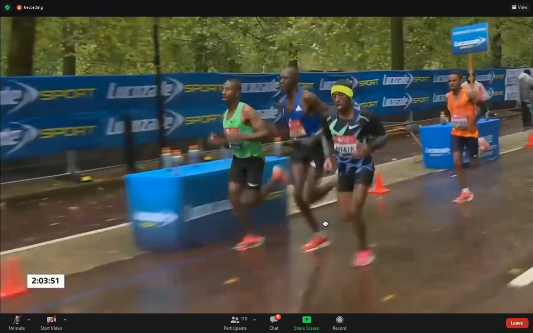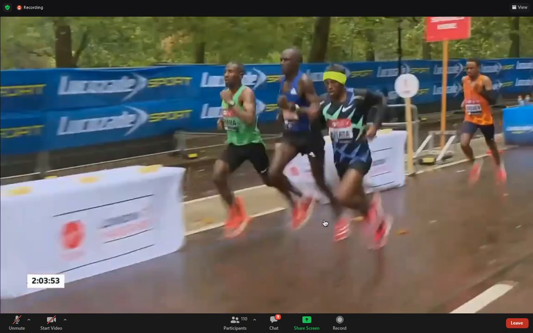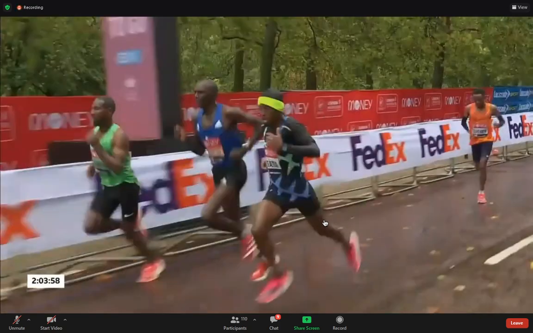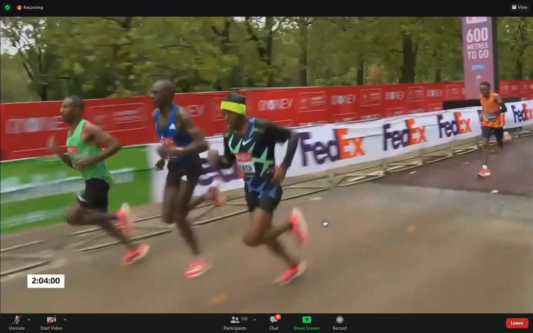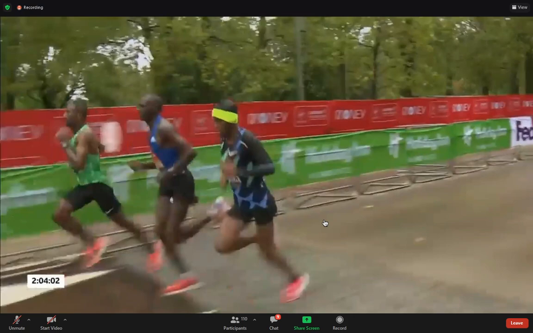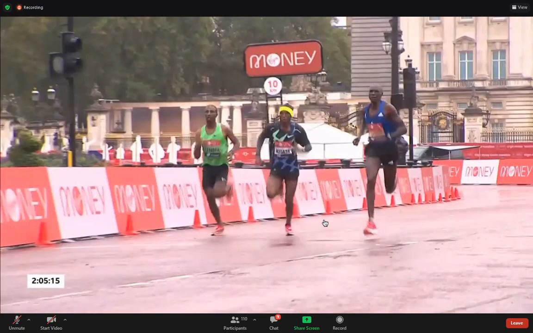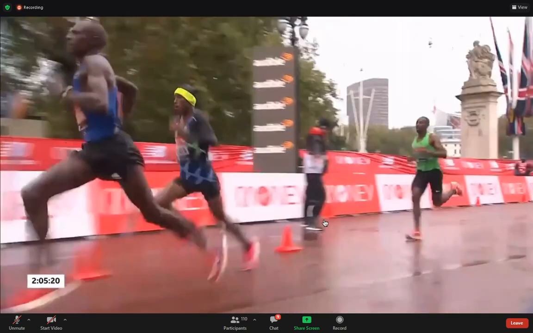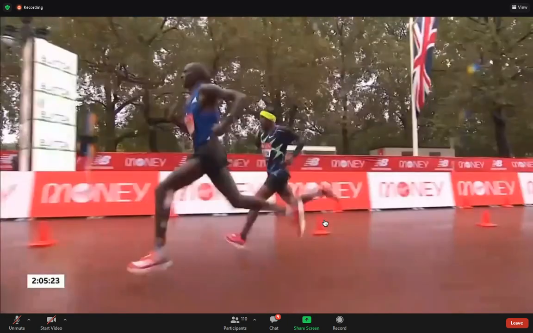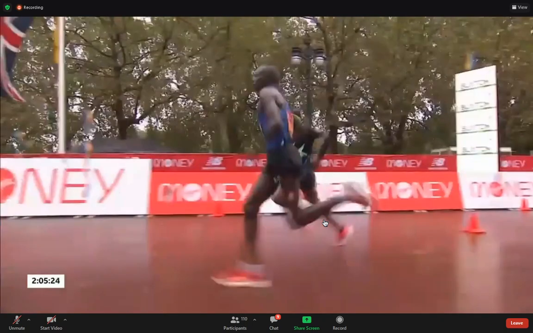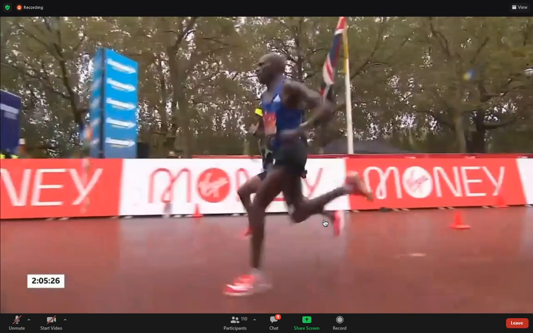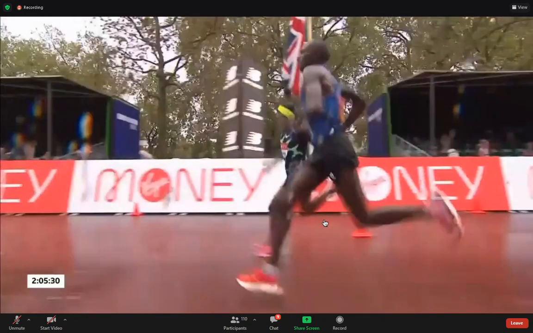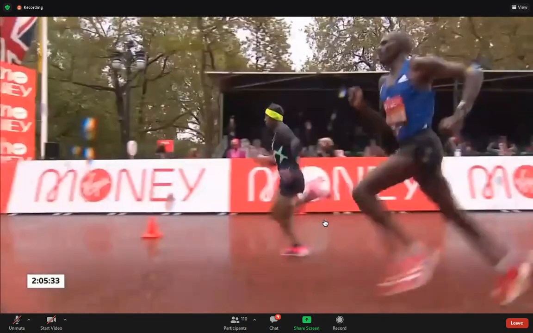With one lap to go, it was finally down to 4 with only 3 spots on the podium. Lemma, Chebet, Kitata. Off the back, down to 3. But who was going to be this year's champion? Only this sprint would tell us. And Chebet for the lead. Kitata back. There are so many place changes over this last 400 meters, but what it came down to was who wanted it more.